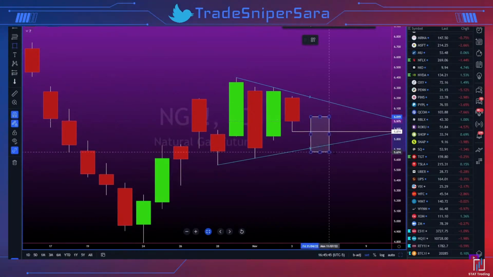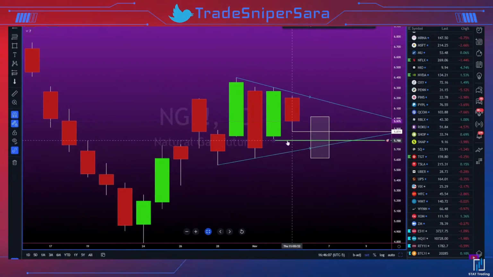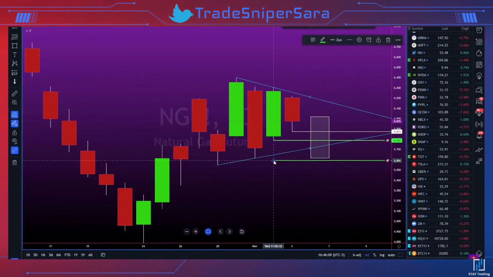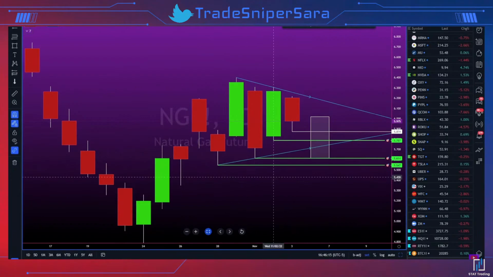A 2-1-2 down that could finally get it out of this mother bar. And that's why inside day break plays work, because there's consolidation happening inside of this range. This is consolidation. So the market hasn't picked a direction yet, but when it does, everybody's pretty much kind of on board.